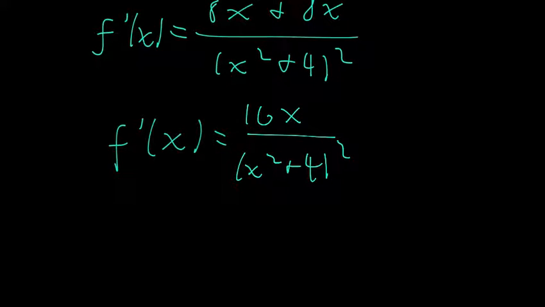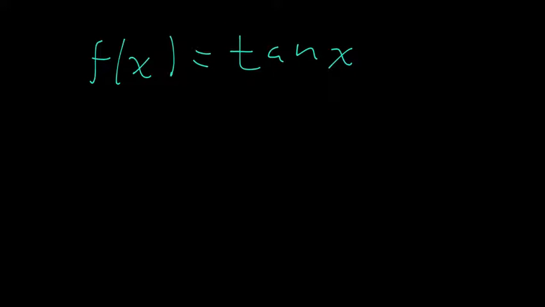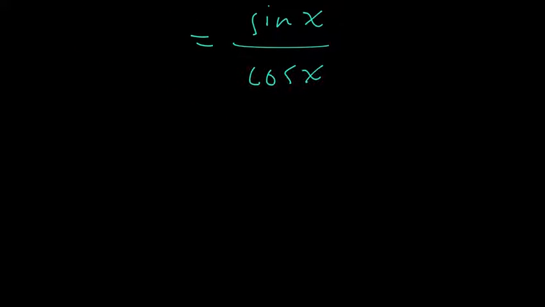So let's take a look at one more example. Let's say we want to find the derivative of tangent x. So we can actually rewrite this as sine of x over cosine of x using our trig identities. And then let's go ahead and write down our functions here.